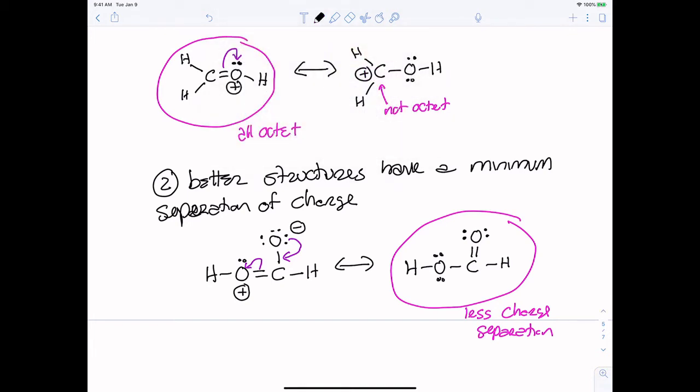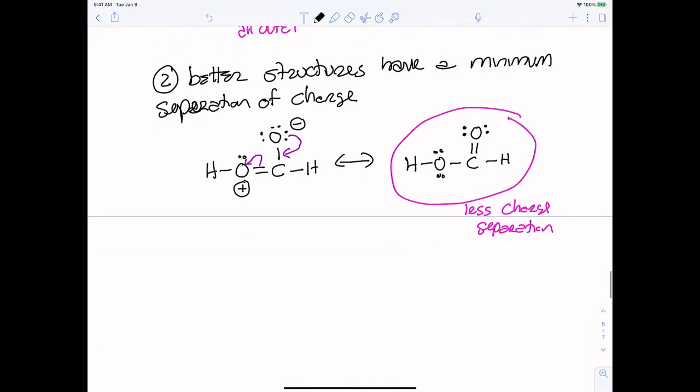One more rule, there's only 3 of them. And this last one says that if the charge separation is the same, then it's better to have a negative on the more electronegative atom and then the positive on the less electronegative atom, or electropositive. You can actually use that term if you want.